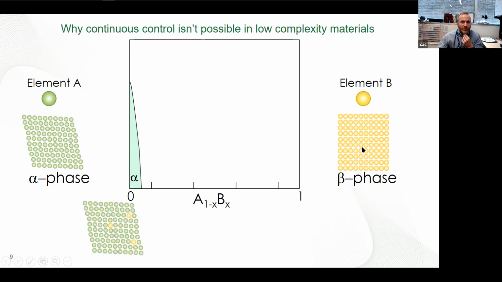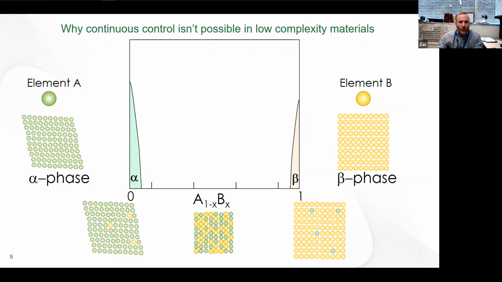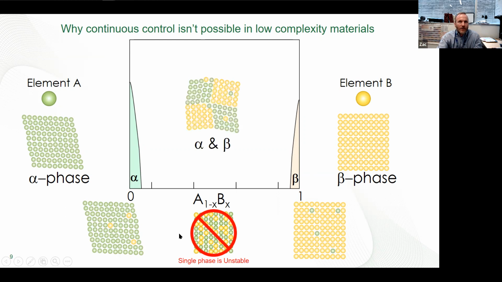You can dope a little bit of B into A and maintain this crystal structure, but it's a very narrow window. You can do the same over here: put a little bit of A into B and move around a little in that phase space. What we want is something that's really disordered so that you can get the full range of those microstates. But that doesn't happen. What you end up with is something where you have these mixed phases.